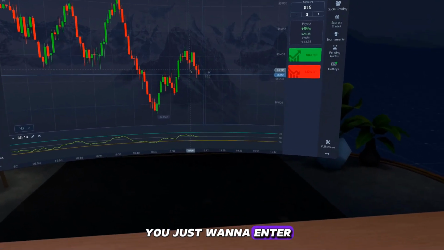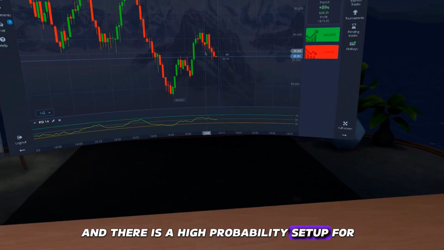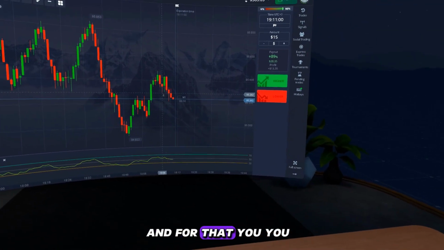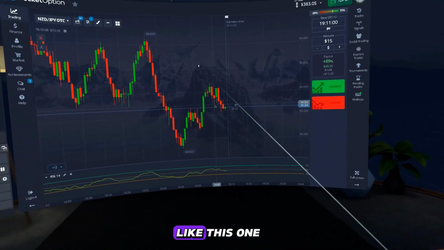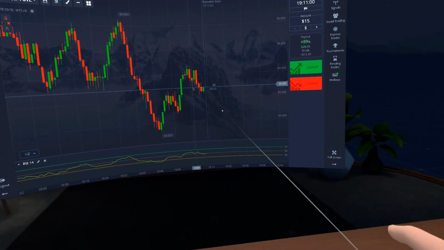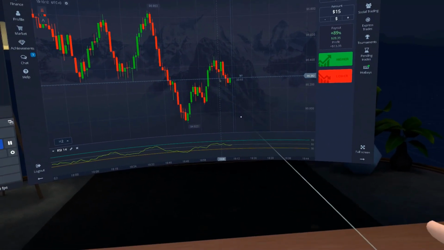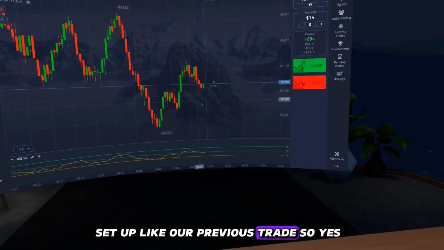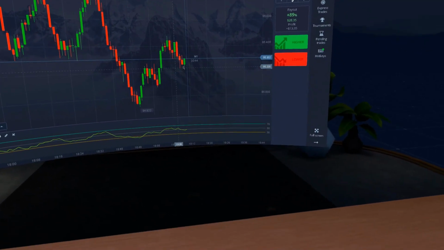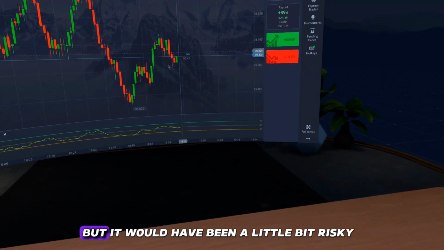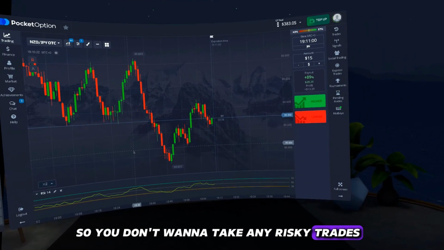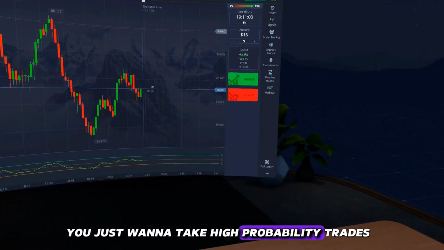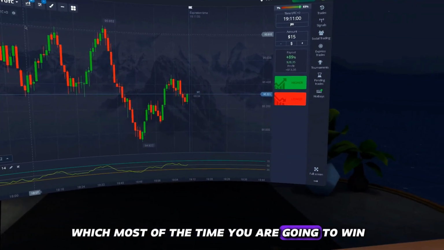You just want to enter when there is a high probability setup, and for that you will need to differentiate the lower probability setups like this one from a high probability setup like our previous trades. So yes, we would have won this trade, but it would have been a little bit risky. So you don't want to take any risky trades. You just want to take high probability trades, which most of the time you are going to win.